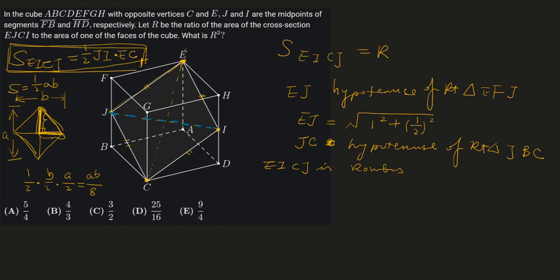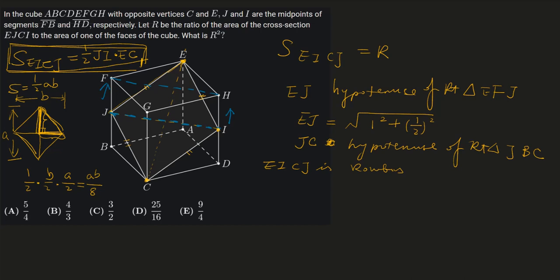We can actually move up this line segment along JF and IH, all the way up to the top face of this cube. Then JI would become this line segment, which is the diagonal of the square EHGF.